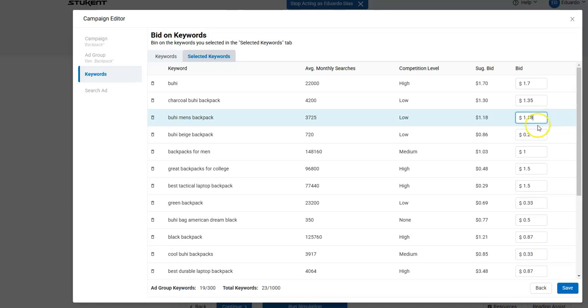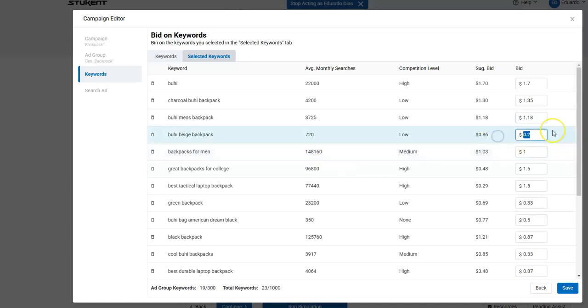And your volume, you definitely want to make sure you have some more higher volume ones like Backpacks for Men. I think it makes sense. 0.86. This one I would definitely increase to 0.15. College, that's probably too high. 0.75. That's 25%. Let's keep that. 0.65.